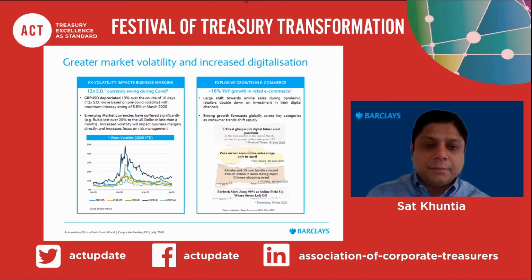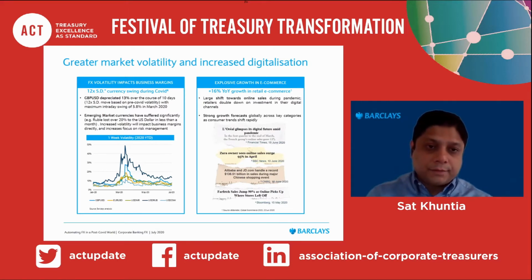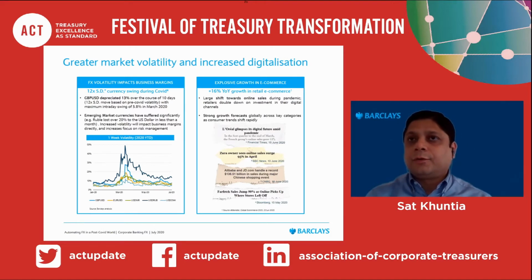Some of the emerging market and commodity currencies, like the Russian ruble and South African rand, had absolutely massive moves, 20-25% over a very short period of time. We also had corporate clients exposed to some of these currencies, so it was an incredibly difficult period for many of them. Some of those memories are still quite fresh. Volatility has since come down, but from time to time we see it coming back into the market.